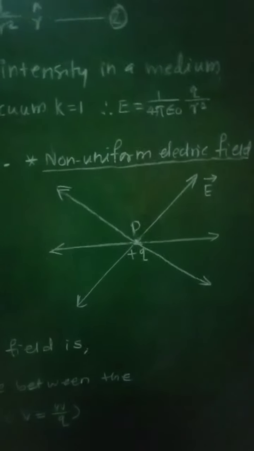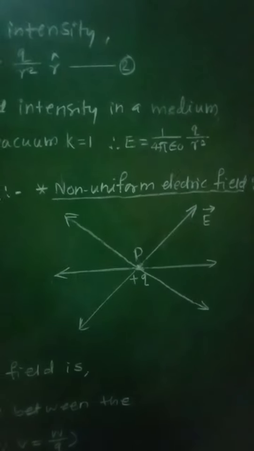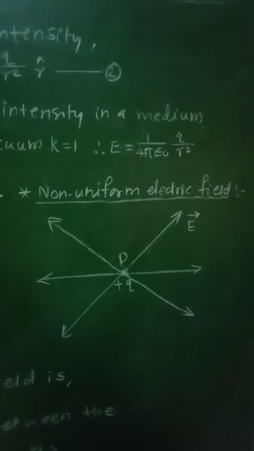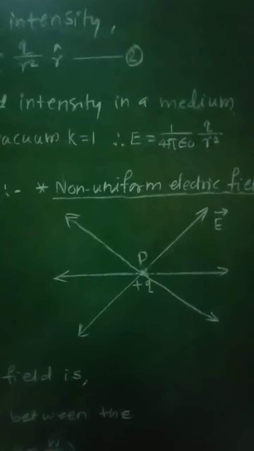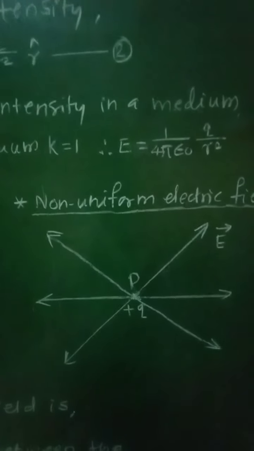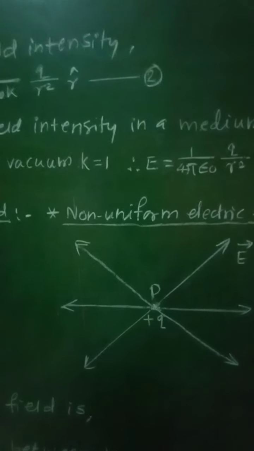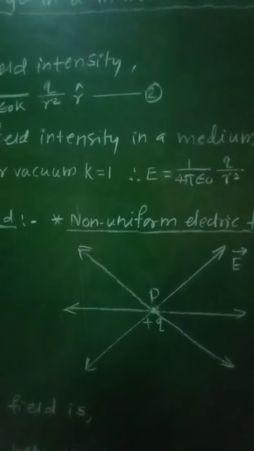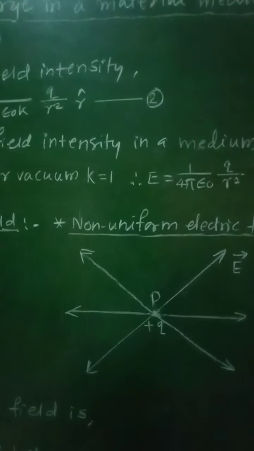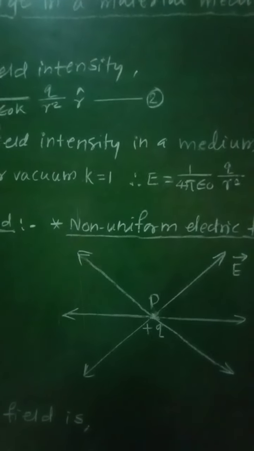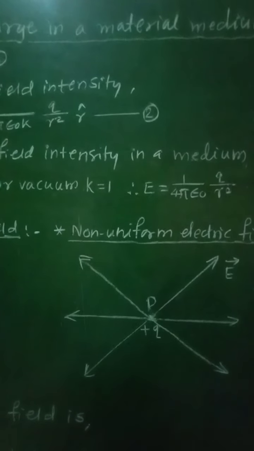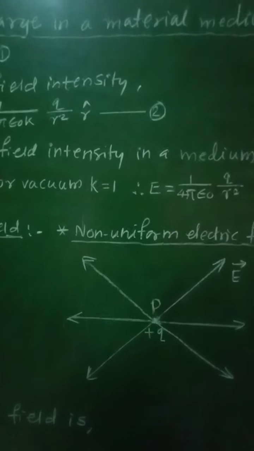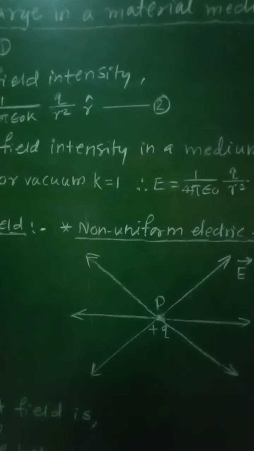and therefore this electric field E here represents the uniform electric field. Now let us consider the second term, that is non-uniform electric field. A non-uniform electric field is a field whose magnitude and direction is different at different points.